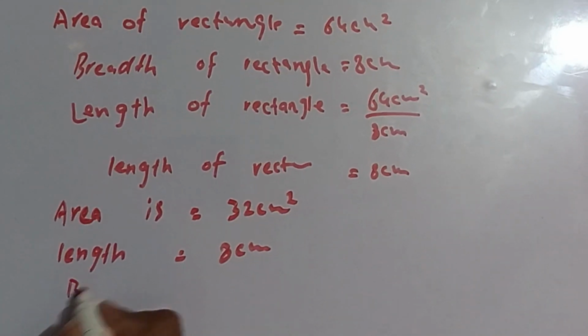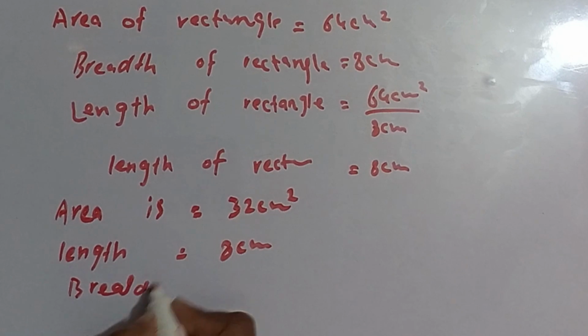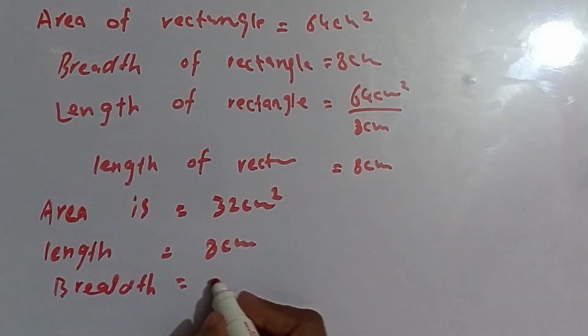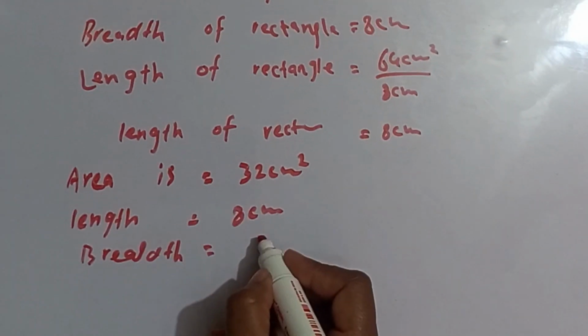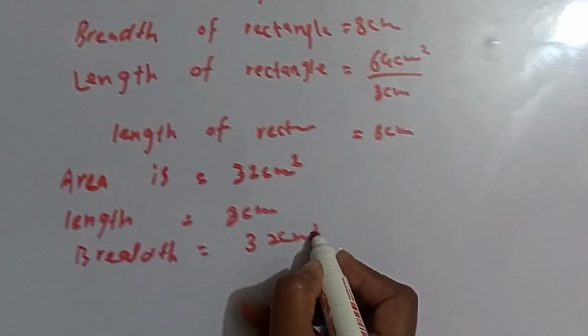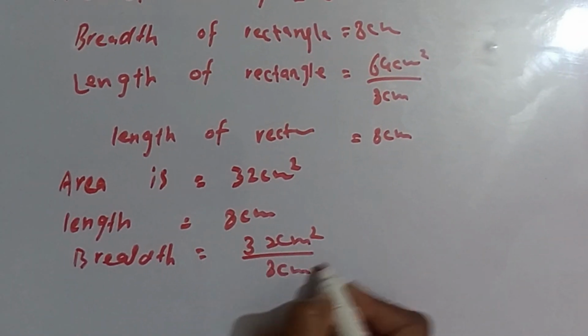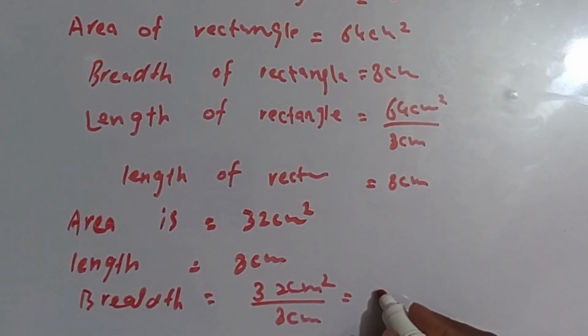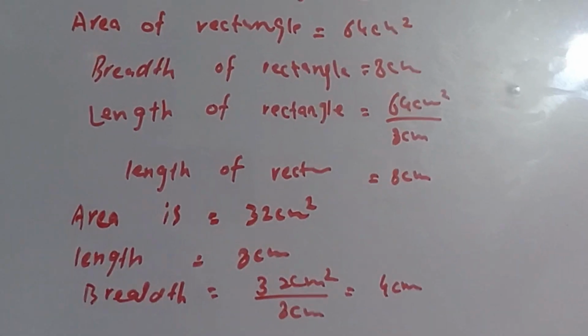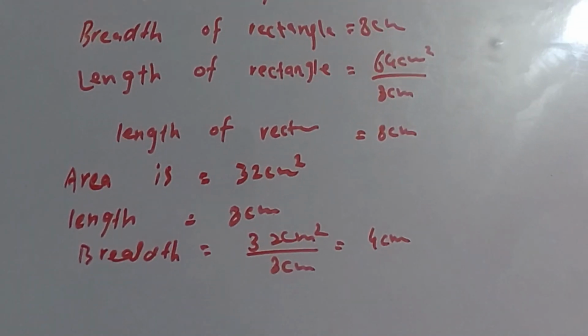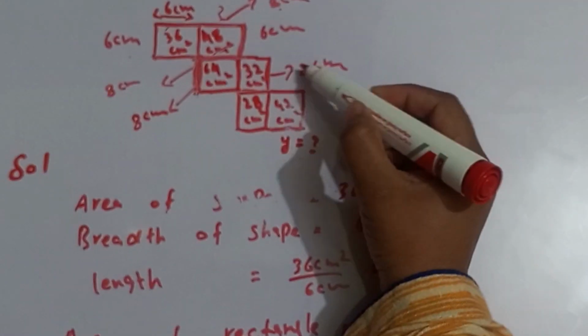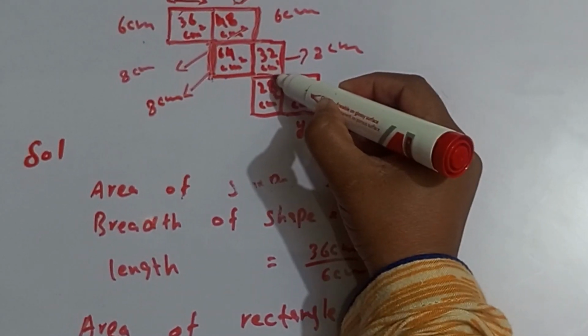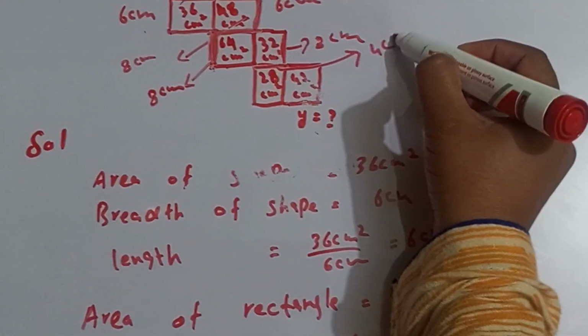Now we find the breadth of the rectangle, which is equal to area divided by length, which is 8 centimeter. So we get 4 centimeter. This is the breadth of the rectangle. So this side is 8 and we find this breadth which is 4 centimeter.